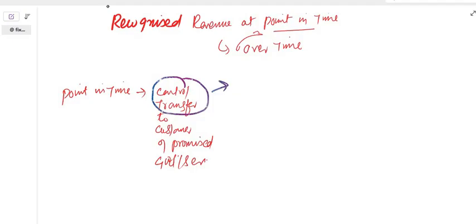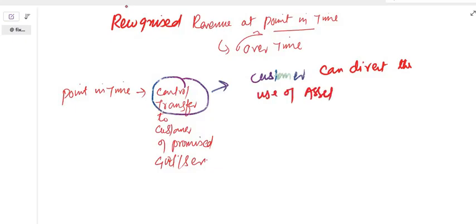The first thing is that the customer can direct the use of the asset.